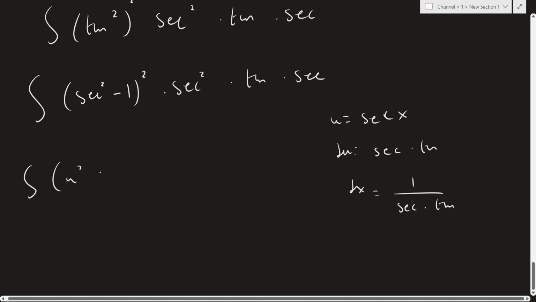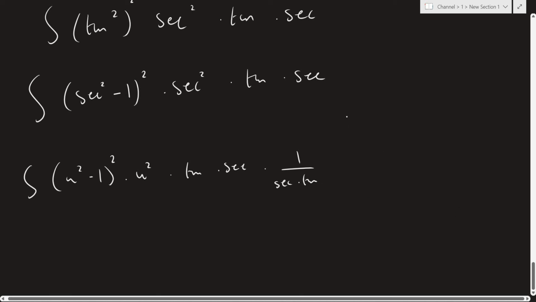It's going to be u squared minus 1, squared, times u squared times tan times secant. I kept secant here because I want to cancel it with this dx. We multiply by dx at the end, right? And dx is 1 over secant times tan. And this cancels with these two. Great, so we have this left.